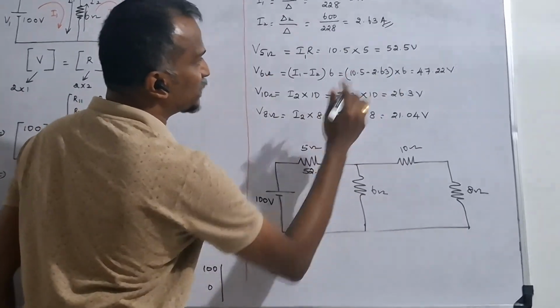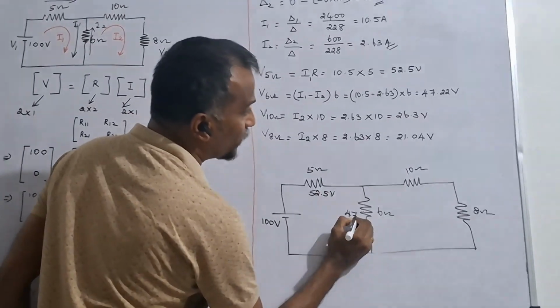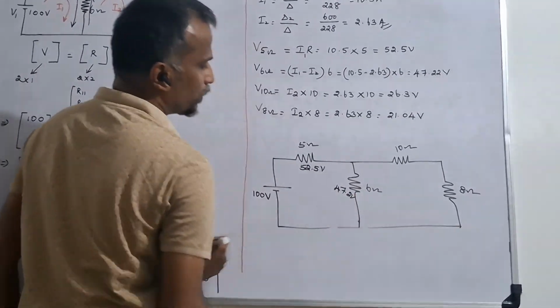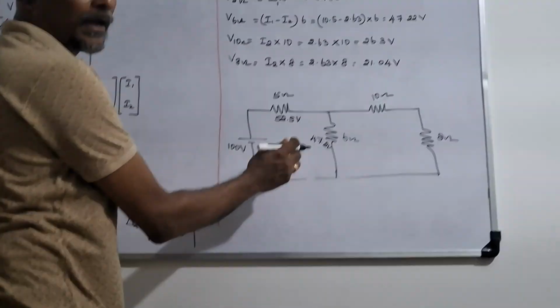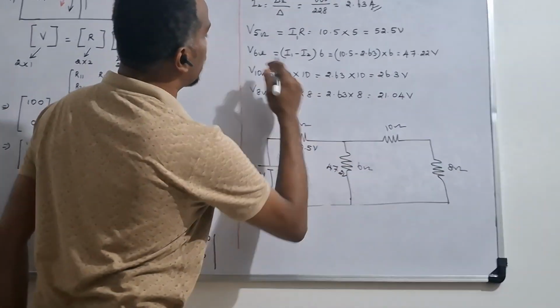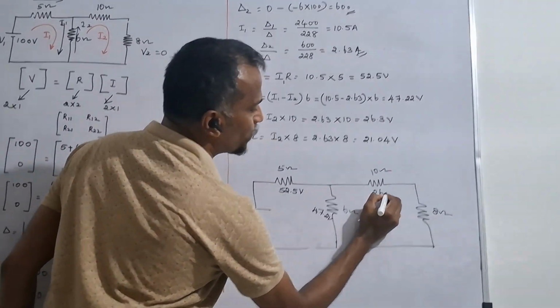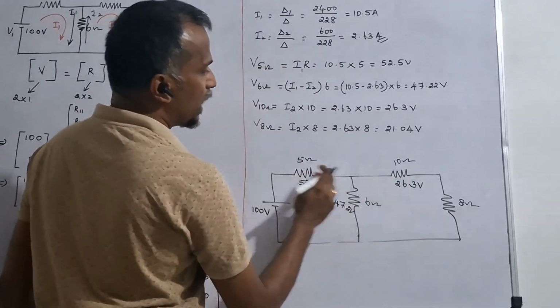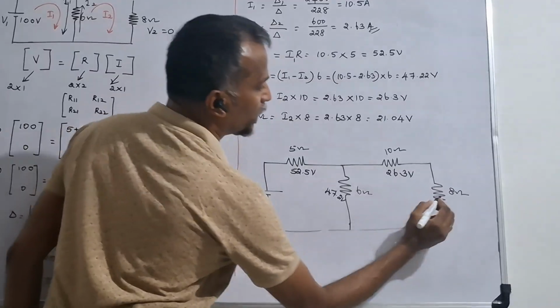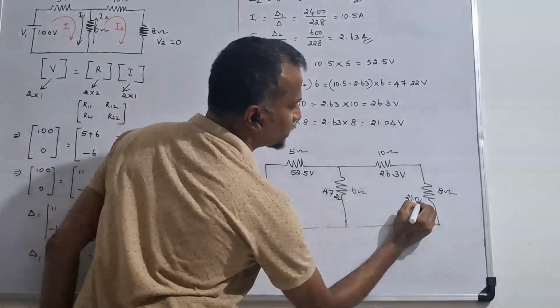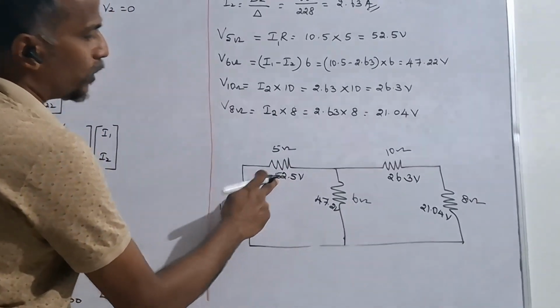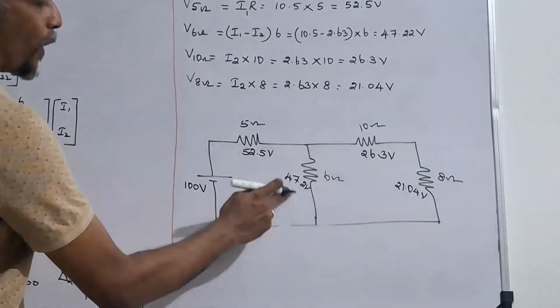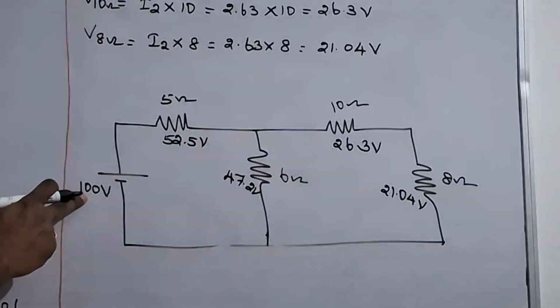The voltage across 6 ohm is 47.2 volt. The voltage across 10 ohm is 26.3 volt and the voltage across 8 ohm is 21.04 volt.